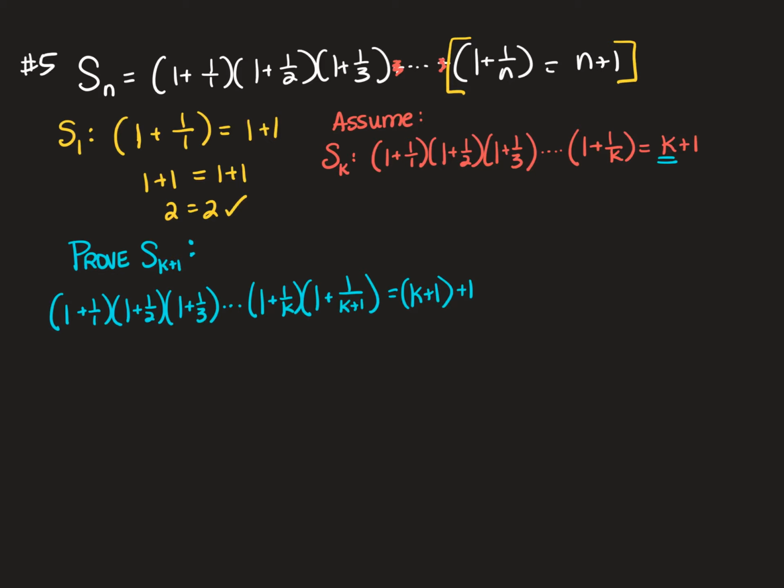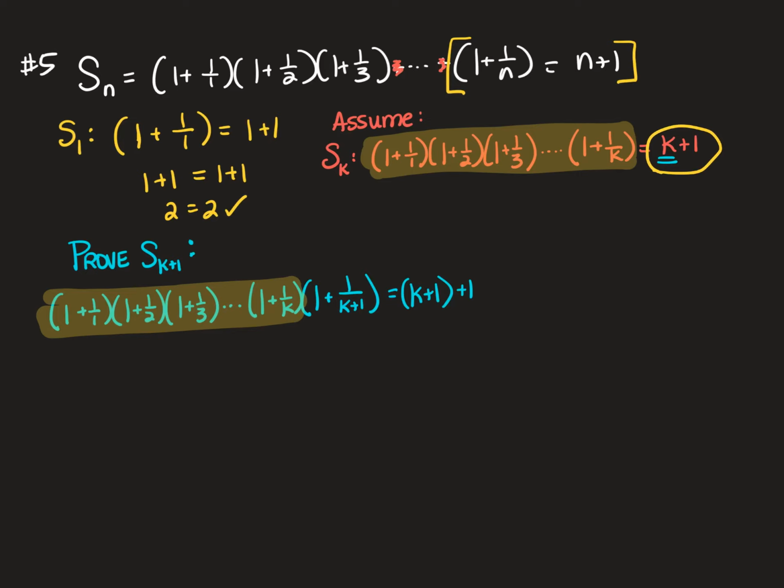Remember, the whole point of writing out the s sub k case is so that we can use this in our k plus 1 case and replace it. So you should see that right here. Okay, so that whole entire thing we can replace with just k plus 1. So I'm going to do that.